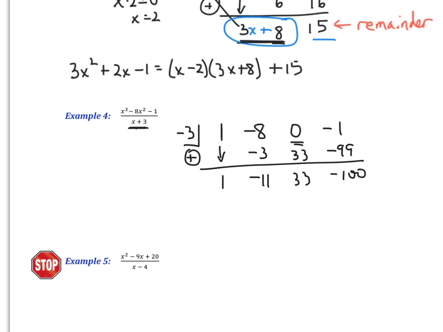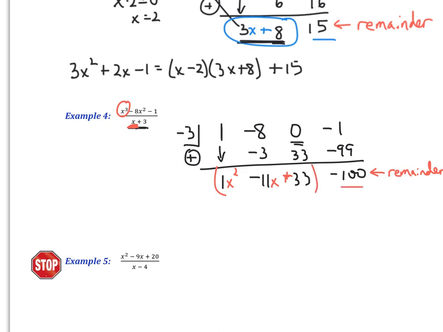Alright, so I started with an x cubed and I divided by an x, which means that I have x squared left, then an x, and then I have my constant. And then remember that this is my remainder. Okay, so here is my polynomial with my remainder.